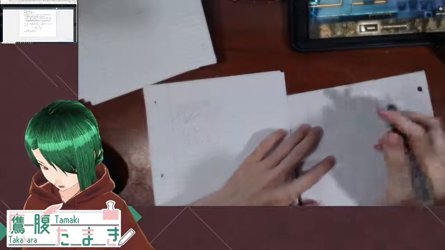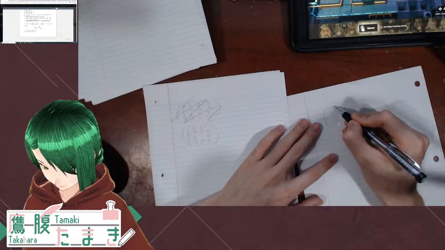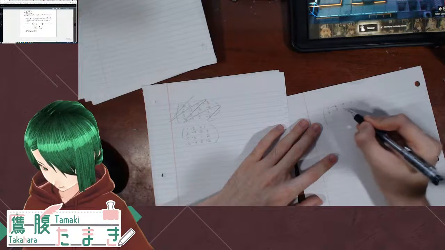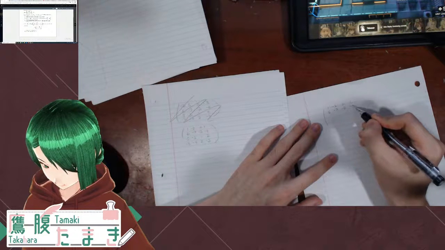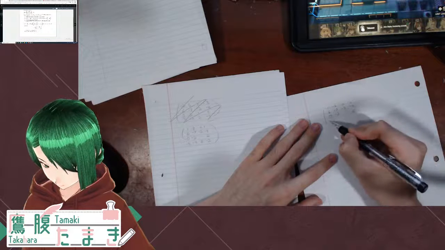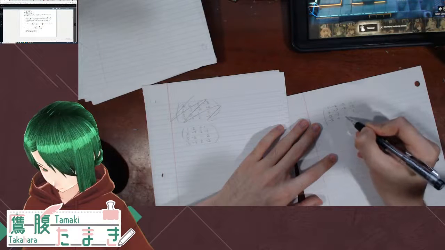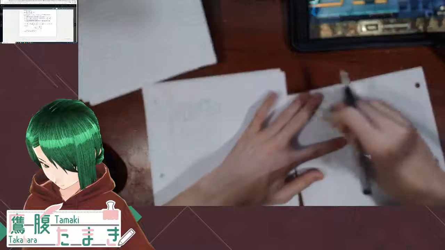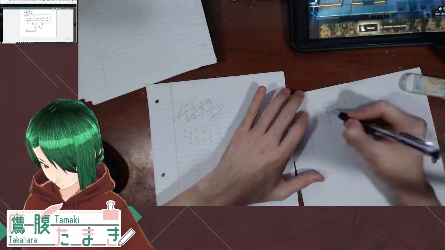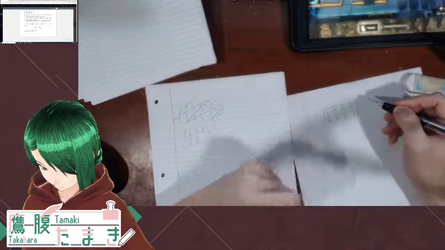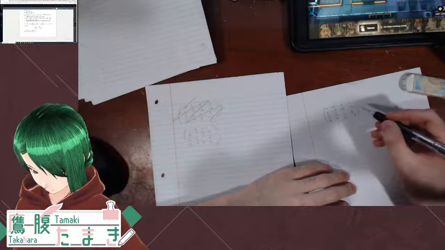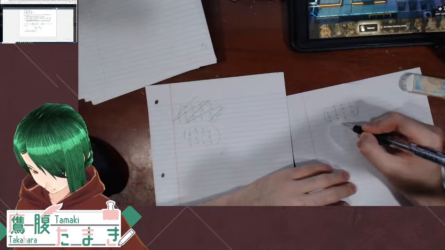Let's draw a little smaller. 1, -2, 0, 1, 6, -7, -3, -4, 0, -3, 1, 2, and -3, -4, 2, -3. Okay. So let's use our 1s now.